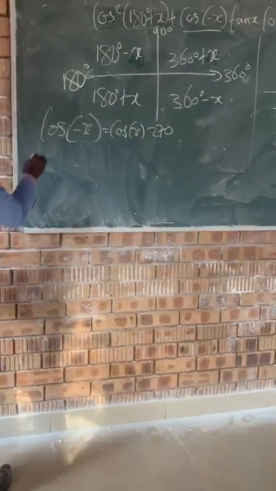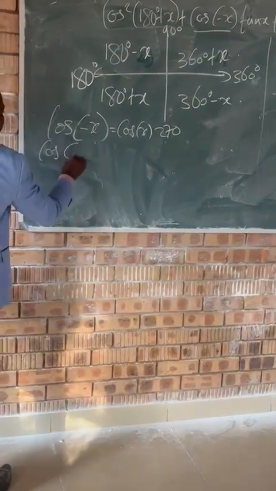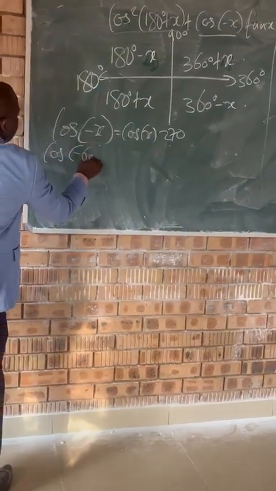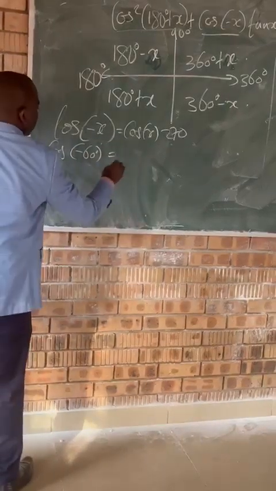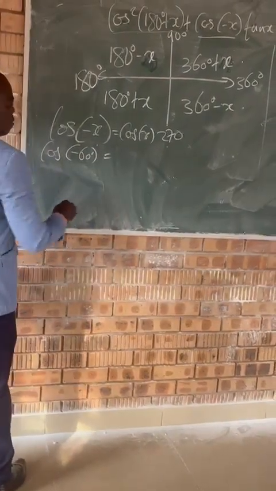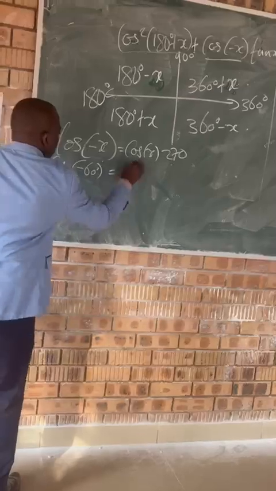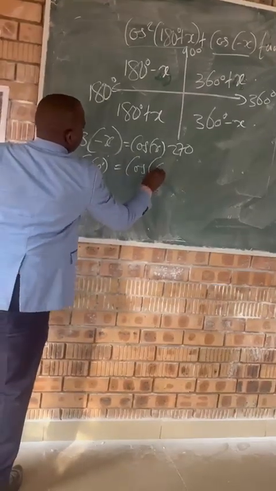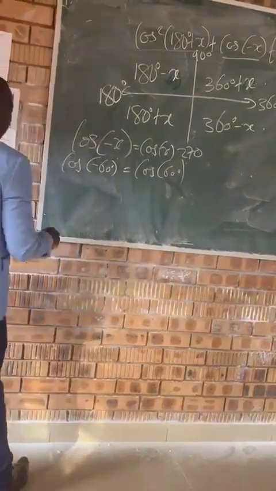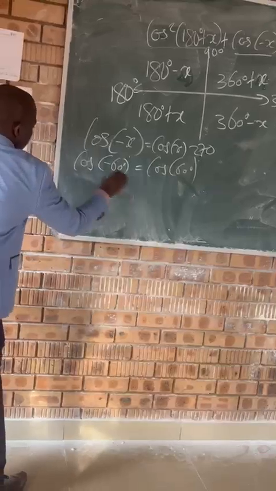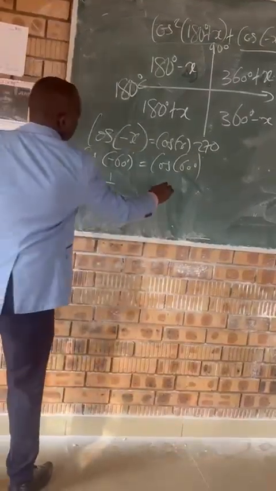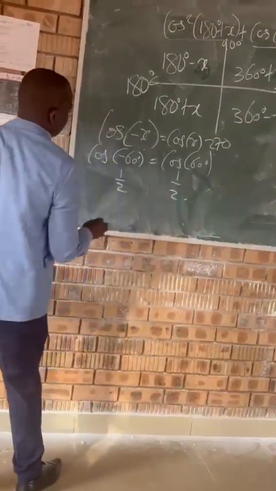We can prove this: cos of negative 60 degrees must give the same answer as cos of 60 degrees on the calculator, which is 1 over 2.